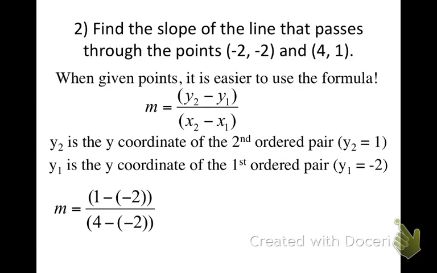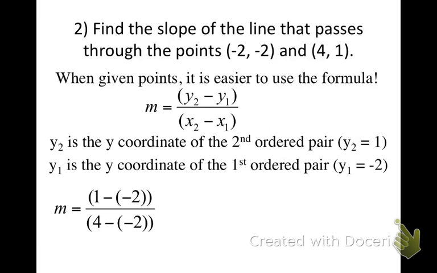Now the x-coordinates correspond to the same points. If y2 is 1 and y1 is -2, then x2 has to be the x value that goes with y2, which happens to be 4. And x1 has to be the x-coordinate that goes with y1, which happens to be -2.